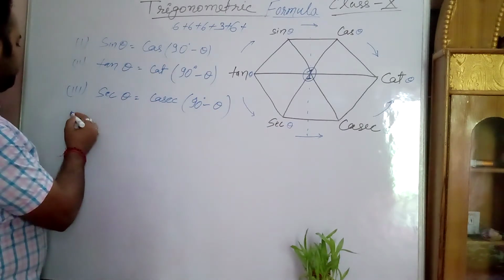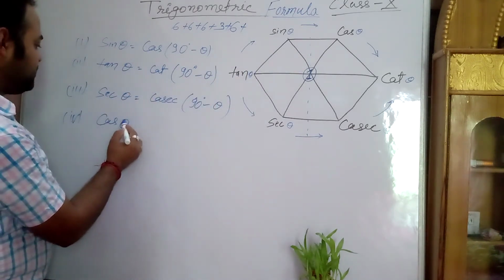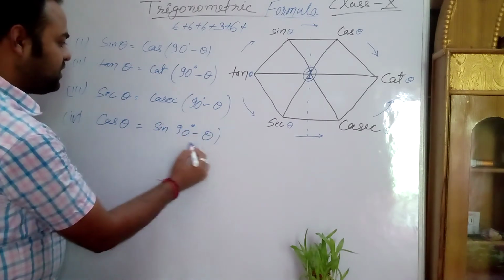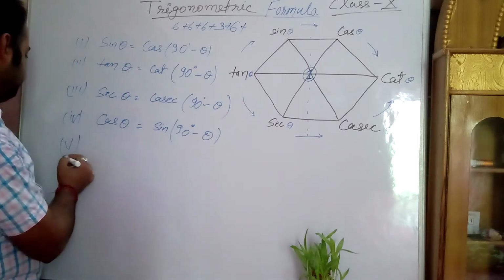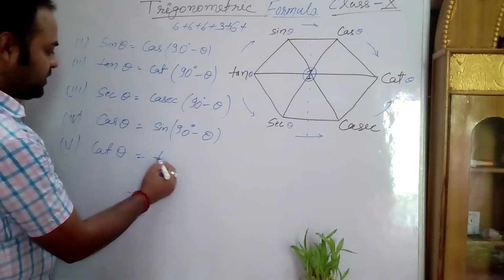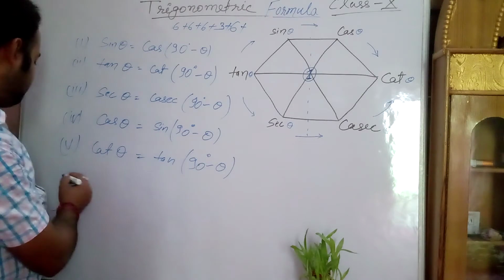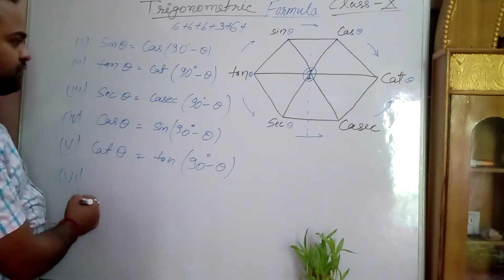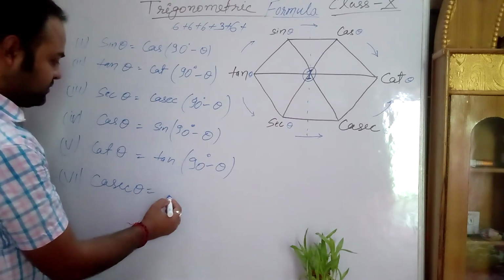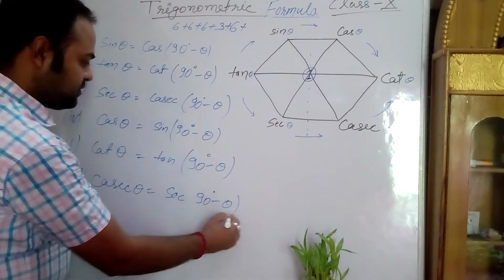Now fourth, in the opposite direction, cos theta is equal to sin 90 degree minus theta. Fifth, cot theta is equal to tan 90 minus theta. Sixth, cosec theta is equal to sec 90 degree minus theta.